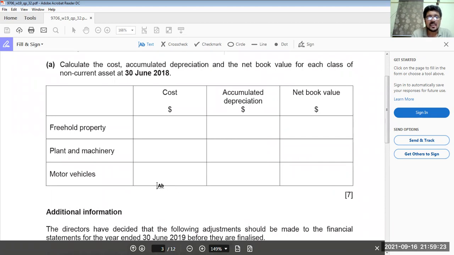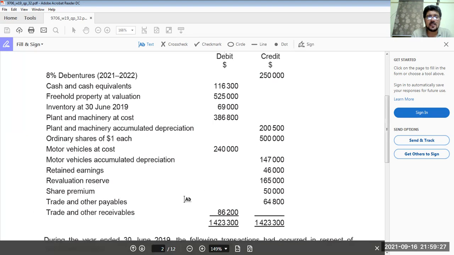Now, freehold property. See, freehold property on 30th June 2019 is 525,000. This is the amount. Getting my point clear?